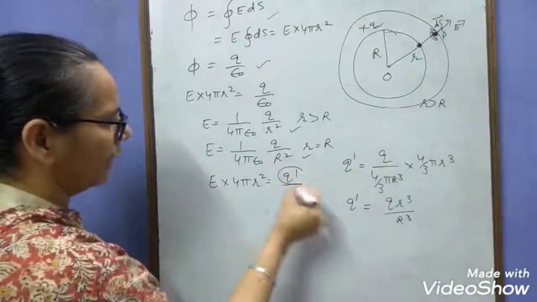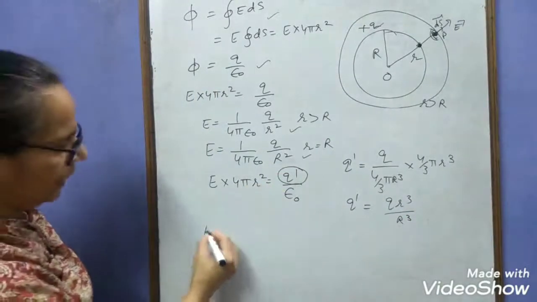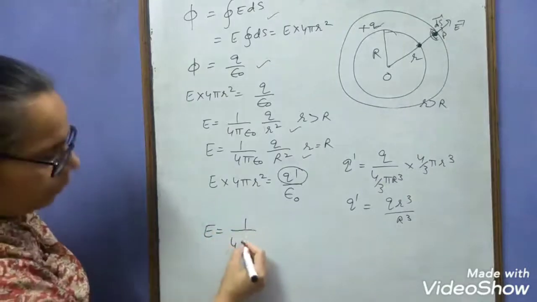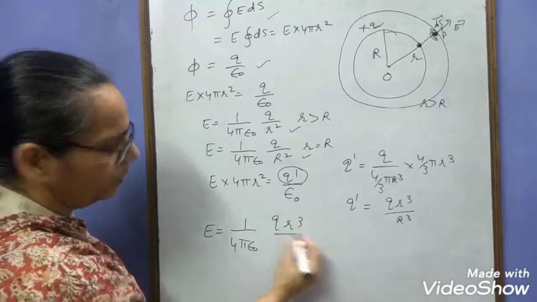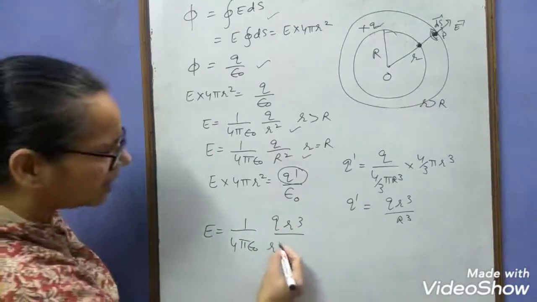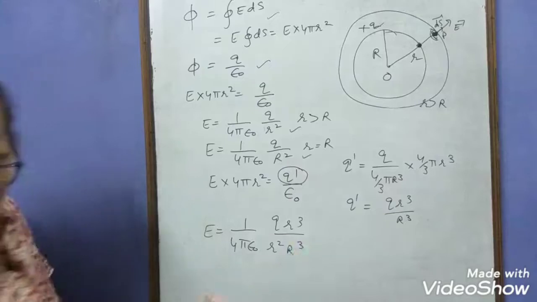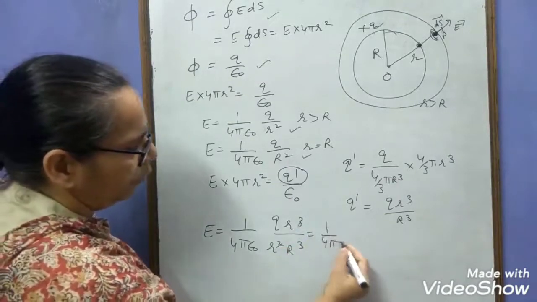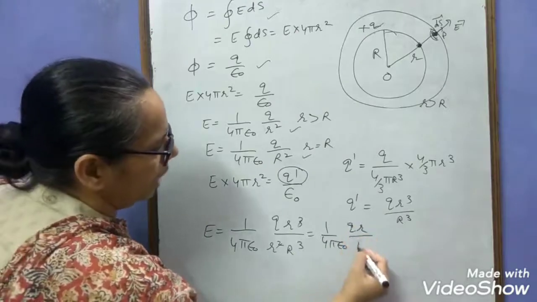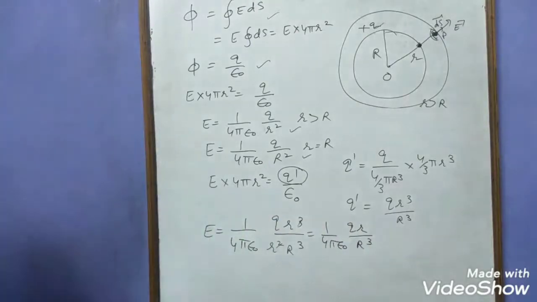When we put this value here, the electric field is 1 over 4 pi epsilon naught, then Q r cube upon r square R cube. And we get the value 1 by 4 pi epsilon naught Q r upon R cube. This is the electric field for the solid sphere when the point lies inside the sphere.